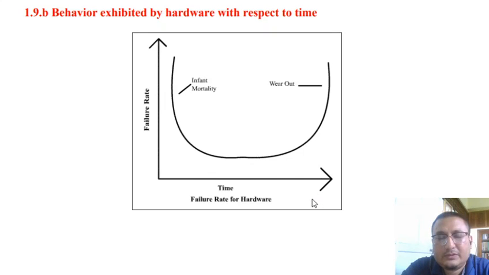What I'm trying to infer is that a hardware system exhibits a very high infancy mortality rate, similar to that of software. It may be for reasons similar to those we specified for software. There might be a certain manufacturing fault in the hardware, because of which the hardware is not capable of sustaining the application for which it's built.